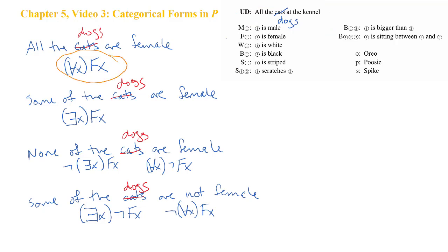When we say everything is female, it now must mean dogs. Similarly, if we were to change the meaning of the predicate, say the F predicate no longer means female, we'll take it to mean furry, then what our symbols mean must change as well.